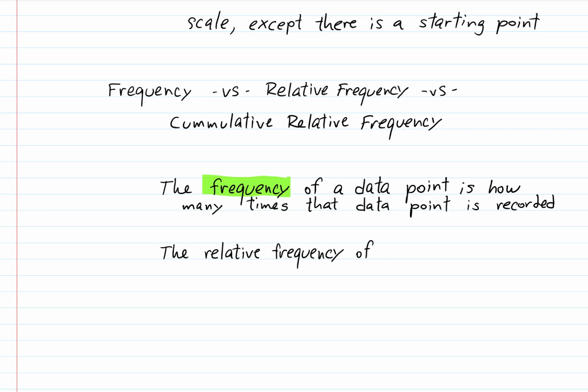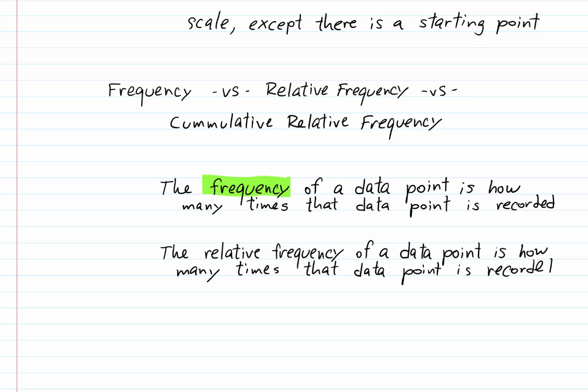The relative frequency of a data point is how many times that data point is recorded, as a ratio of how many recordings are made.